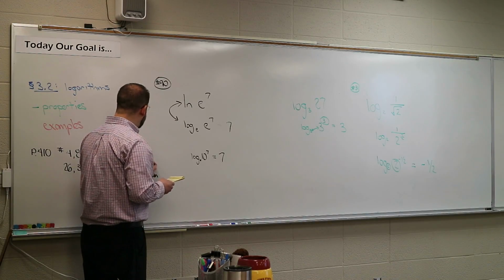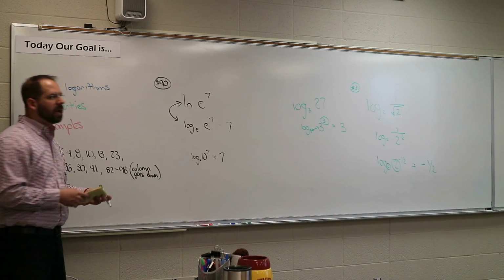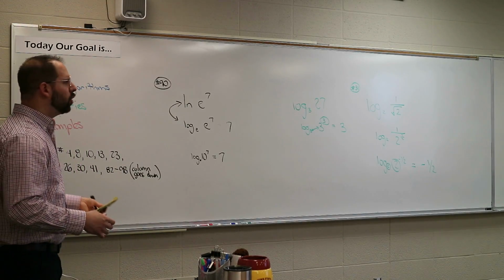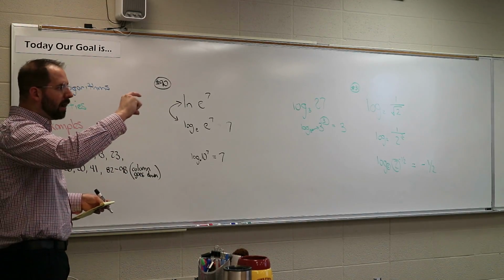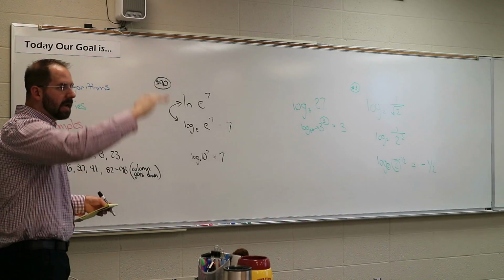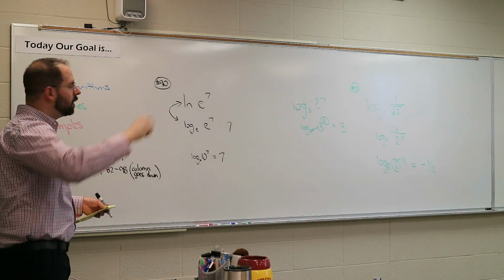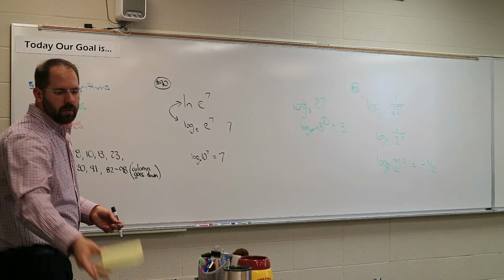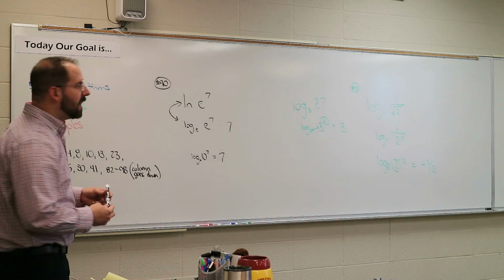It looks like we have to do like 20 problems, but no, there's only 5 problems stacked on top of each other. You just do the column from 82 to 98 straight down. There's exactly 5 there.